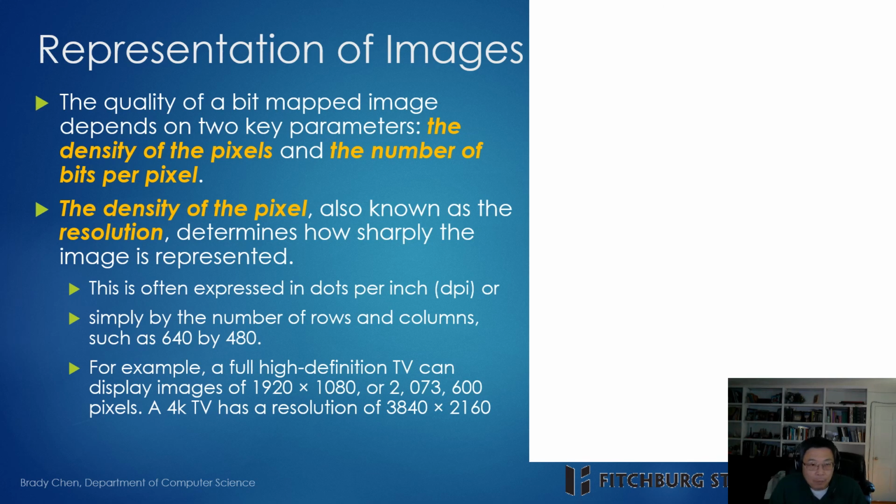The density of the pixels is also called the resolution. It determines how sharply the image is represented. Now look at the example in the previous slide. Remember, we highlighted a small area and we zoomed in on that small area and we found small squares. Now each square represents a pixel.